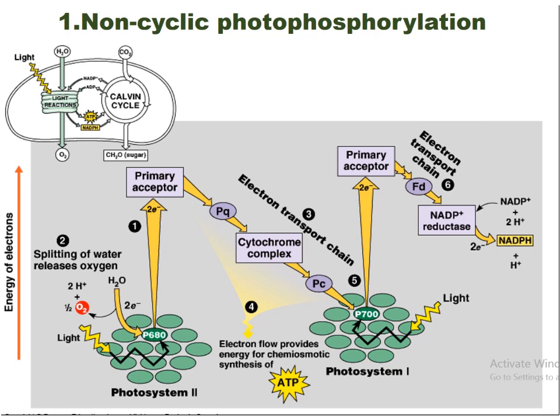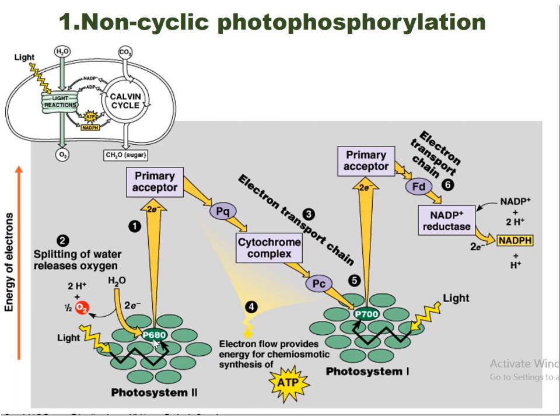So when it receives this wavelength of light, it becomes supercharged, and then it expels two energy containing electrons, and at the same time these two electrons are replaced by the two electrons which come from the photolysis of water. See here, the water after photolysis produces two electrons, and these two electrons refill the lost electrons of reaction center P680.